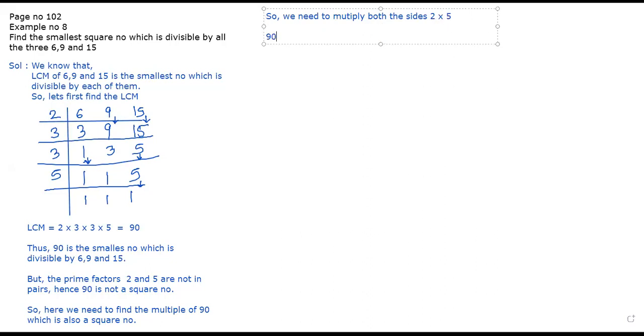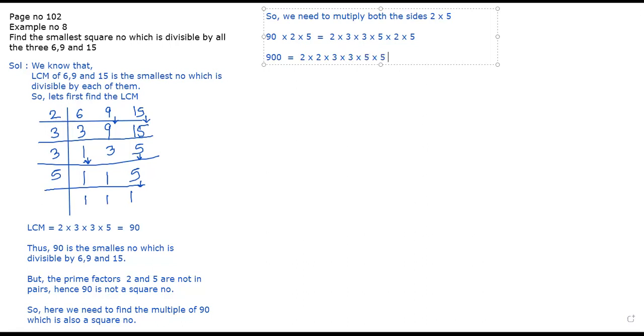So here 90 multiplied by 2 multiplied by 5 is equal to 2 into 3 into 3 into 5. The earlier product was 2 into 3 into 3 into 5, now one more 2 and one more 5. So 90 into 10 becomes 900. I am just rearranging: 2 into 2, 3 into 3, and 5 into 5.